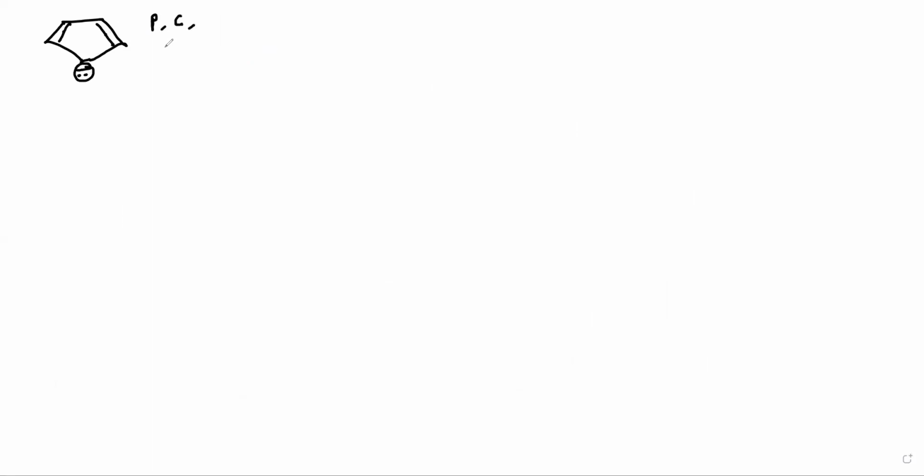It follows the conjugative system, and it is a cyclic molecule. According to the rule, 4n plus 2 pi electrons: if we substitute n is equal to 1, then 4 into 1 plus 2, we get 6 pi electrons. All rules are applicable. That's why it is an aromatic molecule.